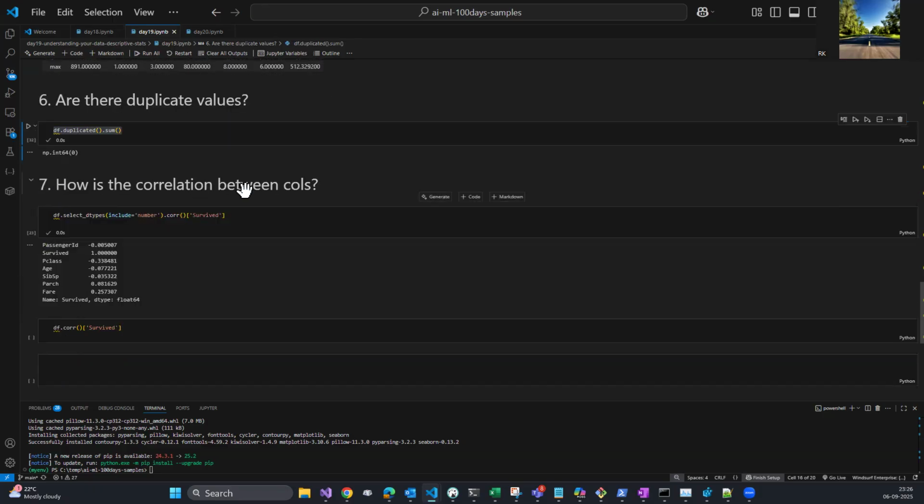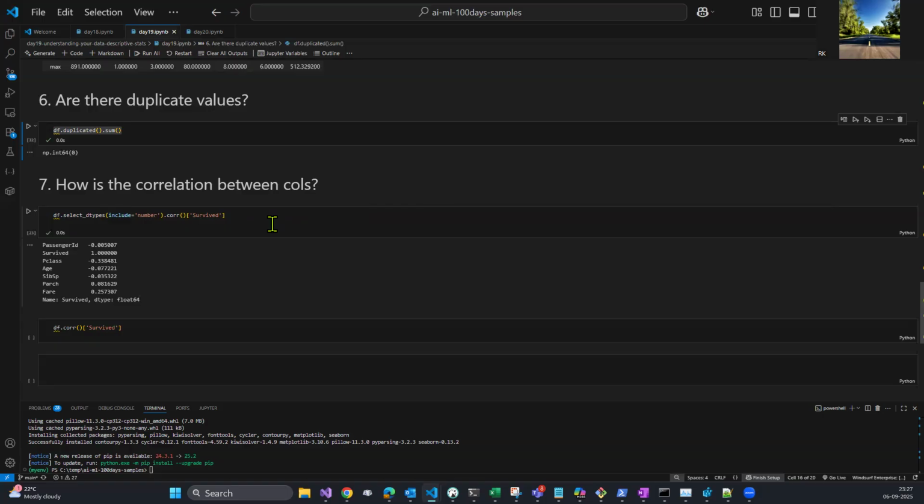Seventh question, how is the correlation between the columns? Meaning we have columns, right? But how do these columns correlate among each other?